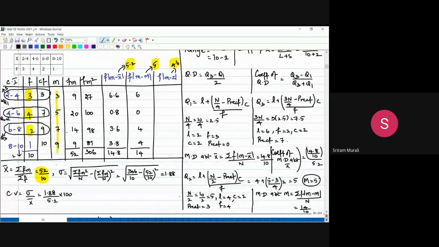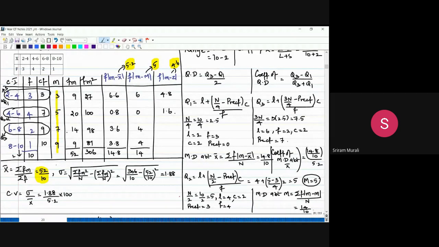Now subtract: 3 minus 4.6 into f, 1.6, 1.6 into 3 will be 4.8. Next case. 5 minus 4.6, 0.4 into 4, 1.6.